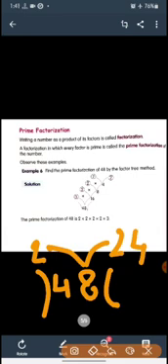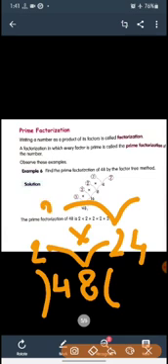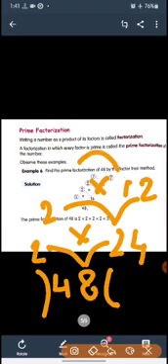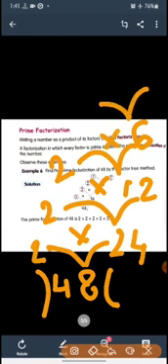Then again we divide by 2 and get 12. Again if we divide by 2 we get 6. Again if we divide by 2 we get 3.